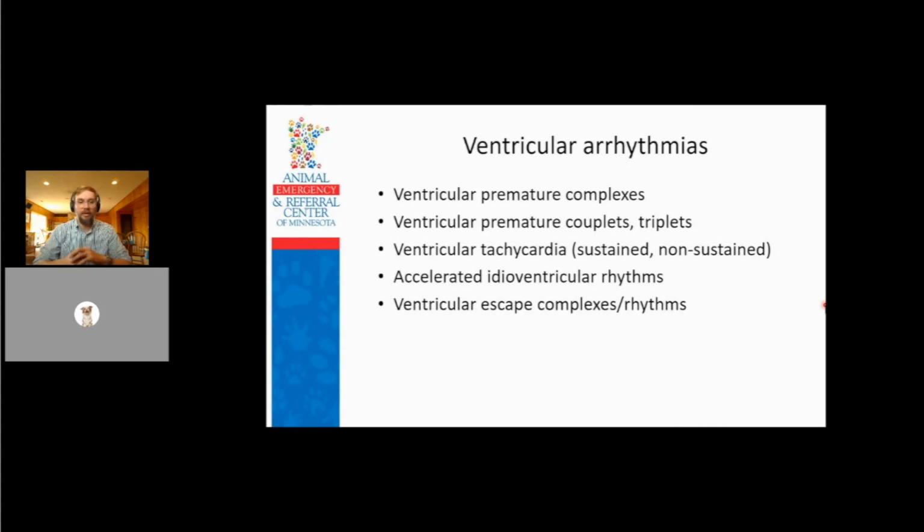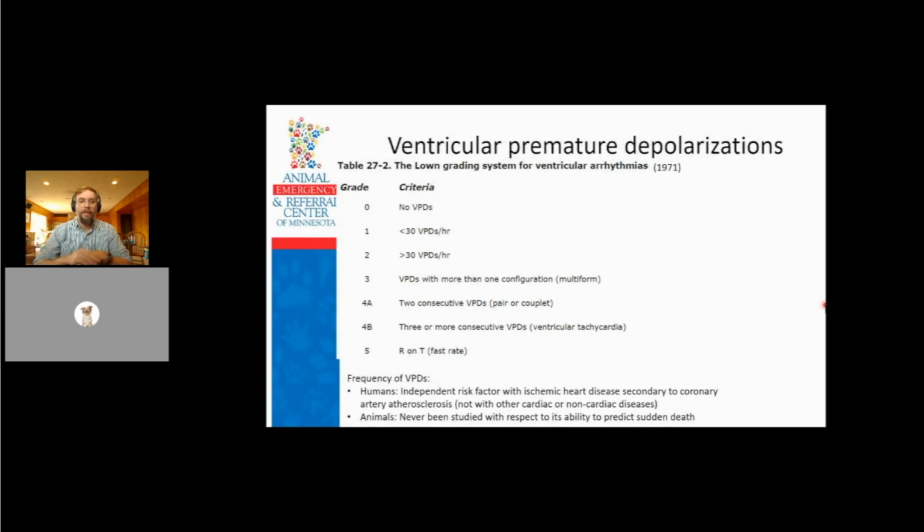Ventricular arrhythmias, we'll talk a bit about those. I'd say probably the most common arrhythmias that we see. Back in the 70s, they looked in humans at trying to grade severity, from an occasional single VPC to RMT VTAC.